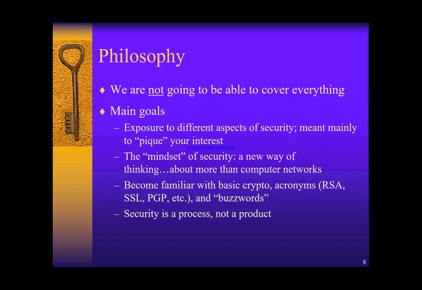A product is something you can purchase and use for exactly what is required, but a process is a continuous system, because we are able to watch continuously in security. The best example in our country is the military people, who are doing security as a continuous process. If they were to stop, how would it be? So that's what security is: a process, not a product.